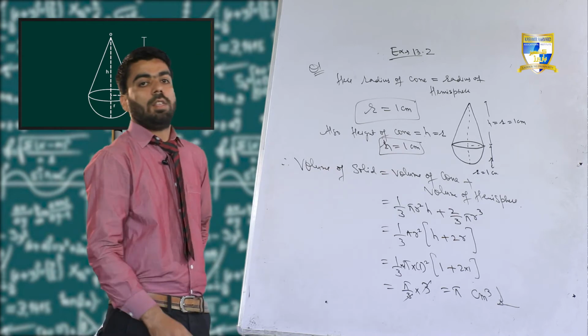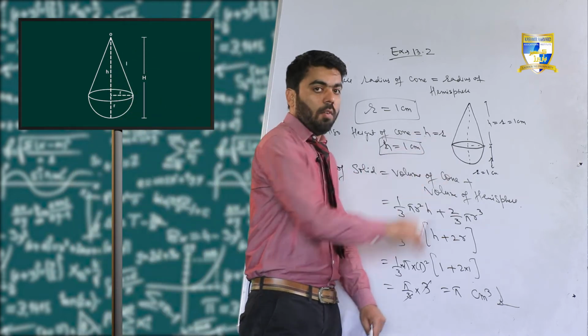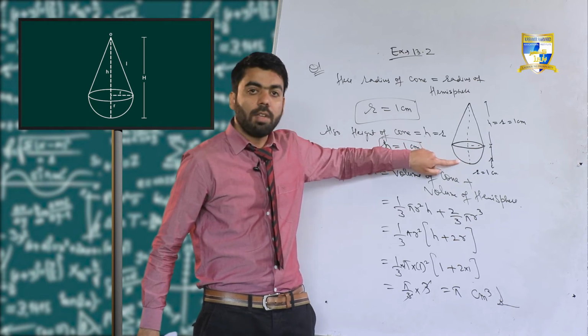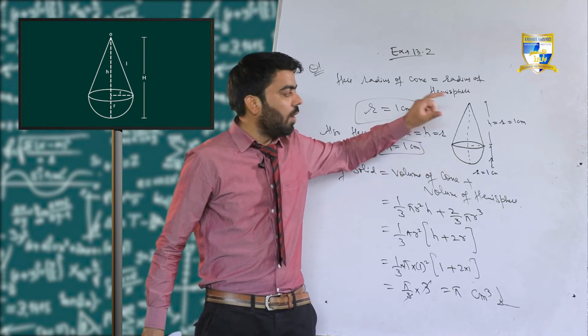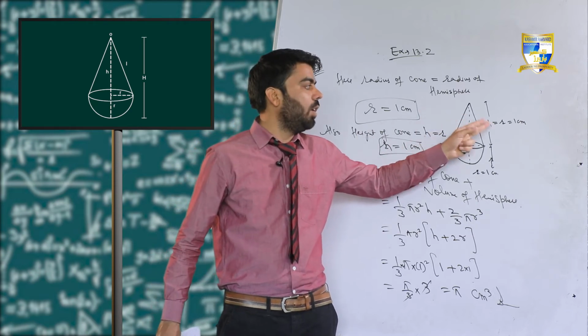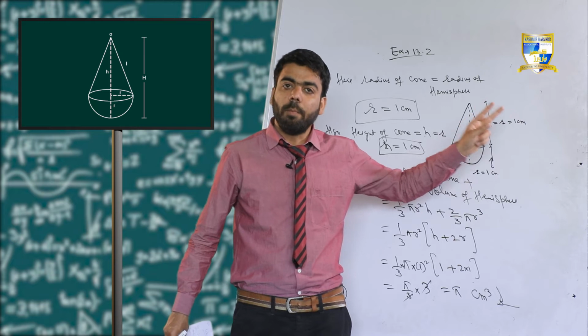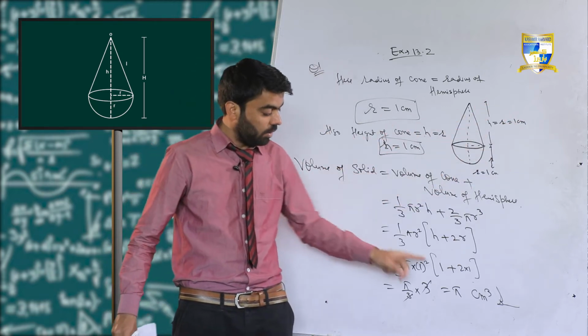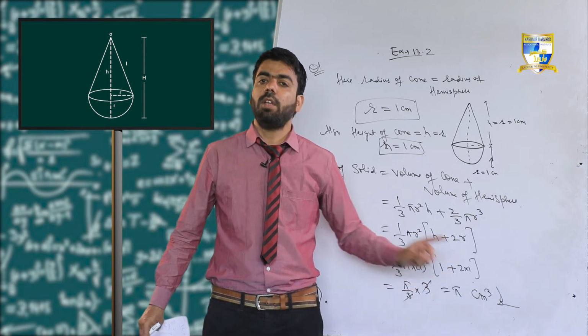The answer is the volume of this solid, which contains a cone and a hemisphere, where the hemisphere is surmounted by a cone with the dimensions h equals r, equivalent to 1 centimeter, and we got the volume of this solid equivalent to pi centimeter cube.